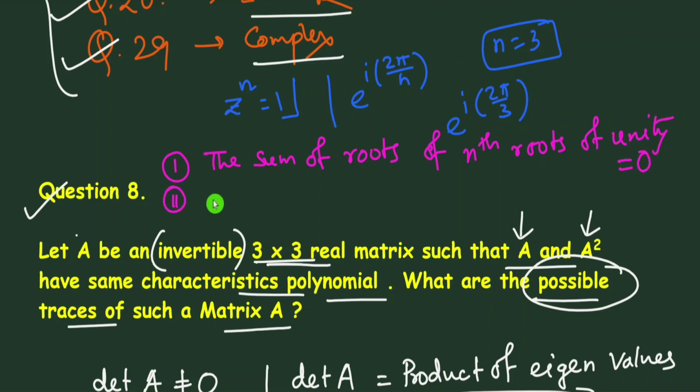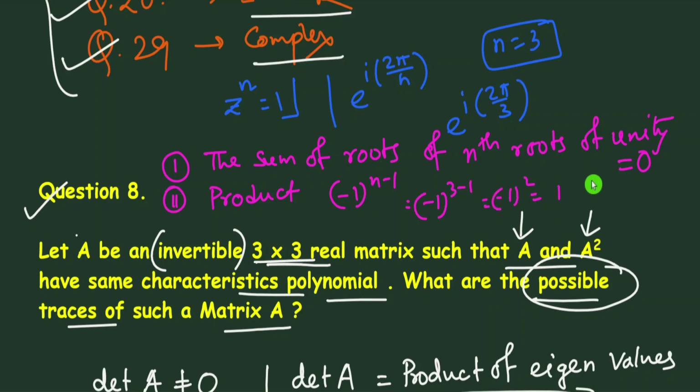And number 2, the product of nth roots of unity is (-1)^(n-1), and here the value of n is 3, therefore the product of roots is equal to (-1)^(3-1), this is equal to (-1)^2, which is equal to 1.